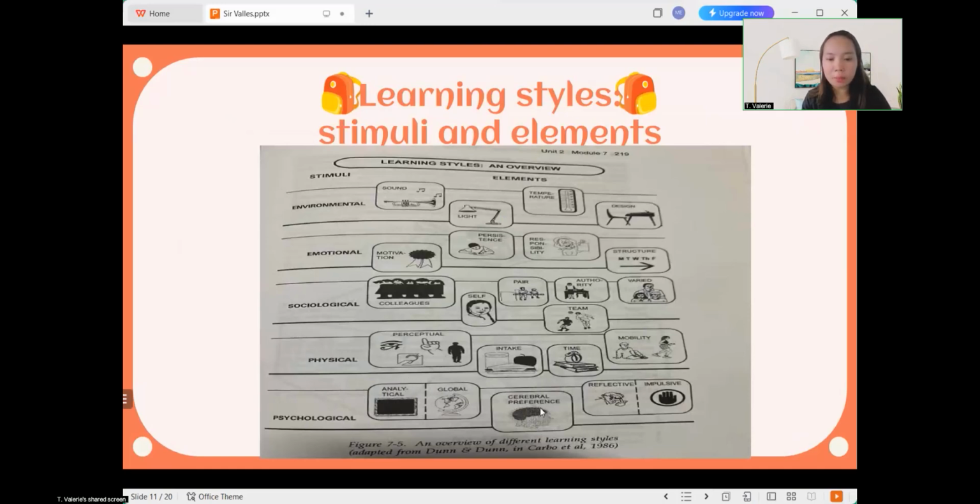Now, let's have cerebral preference, depending on what part of our brain is functioning. Now let's have the reflective. Some learn best when they are reflecting. Some when they are impulsive.